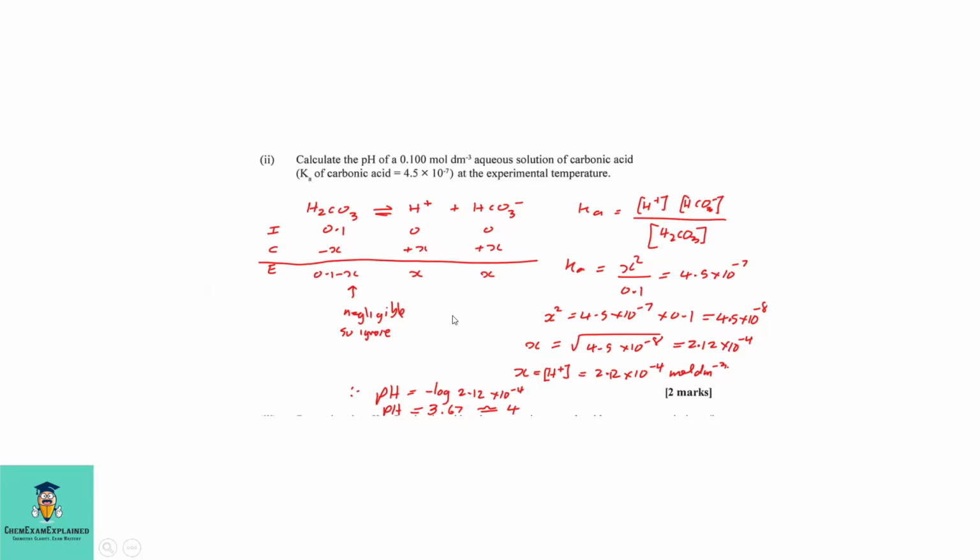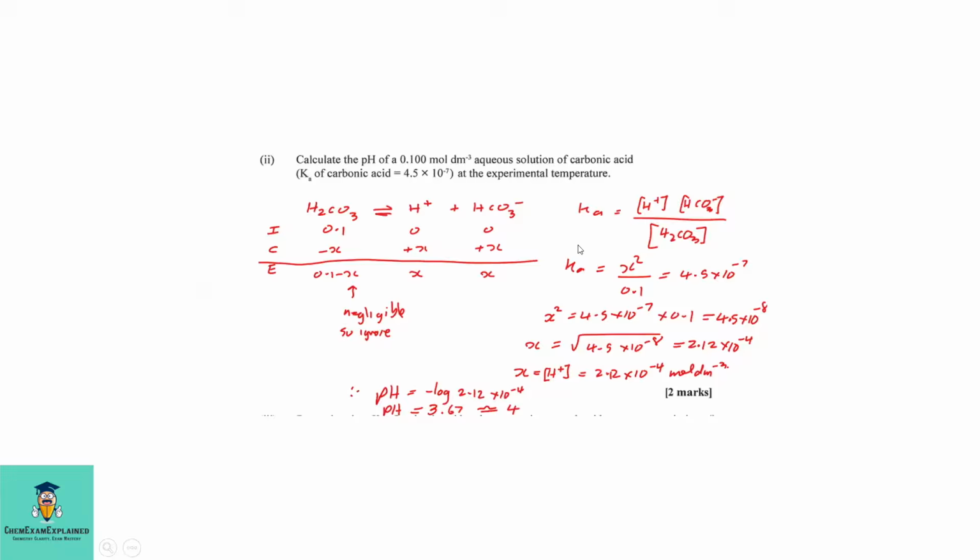It must be noted that because our initial concentration is large, it is 0.1, and the Ka constant is small, the change is negligible. So we're going to ignore the change so that we won't have two unknowns and we don't need to calculate this using the quadratic equation.